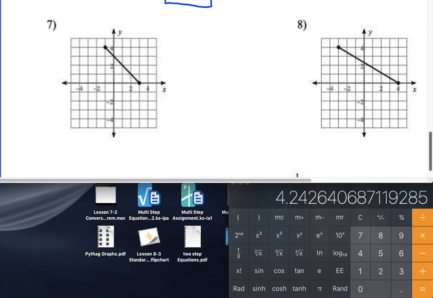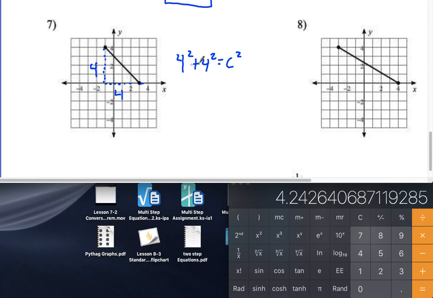Alrighty. Let's do 1 or 2 more together, and then I'll turn you loose to try it on your own. Draw this in. This is 1, 2, 3, 4, and this one is 1, 2, 3, 4. So 4 squared plus 4 squared equals c squared.